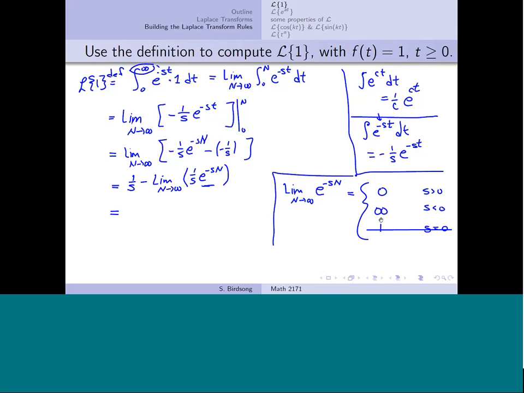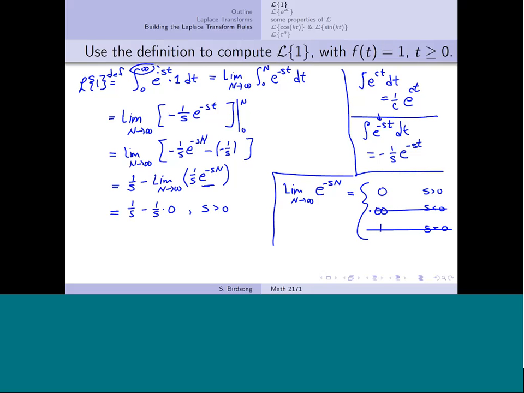So we're also going to cross this guy off, not because we didn't like the less than 0, but because we didn't like the infinity. So that means we're only going to plug in the case where this limit equals 0. So that means we're going to have 1 over S minus 1 over S times 0. And now we have the new stipulation that S must be bigger than 0 for us to actually get that answer.